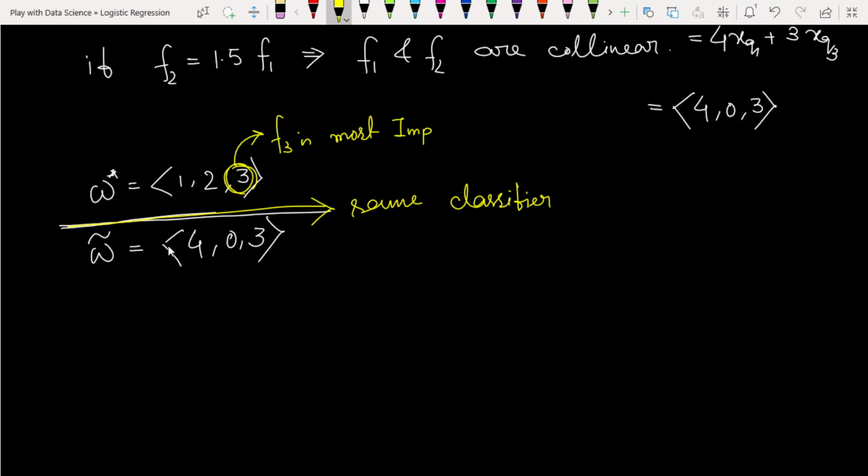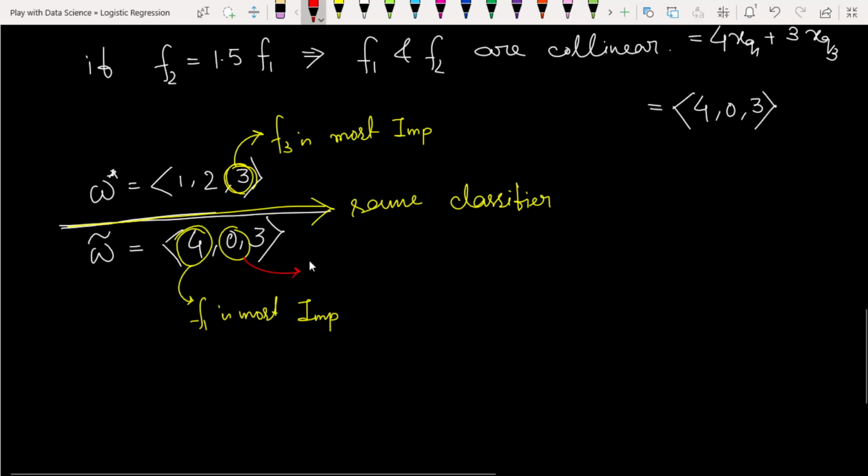And if you see the other vector, w tilde, you conclude that f1 is the most important feature and f2 is not at all important.